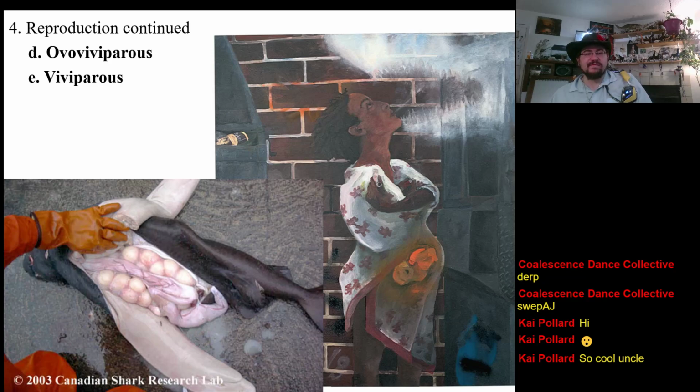Then we have viviparous. Viviparous is pretty awesome. It's amazing that sharks are also viviparous because in viviparous sharks, right, the fetus develops with a placenta.